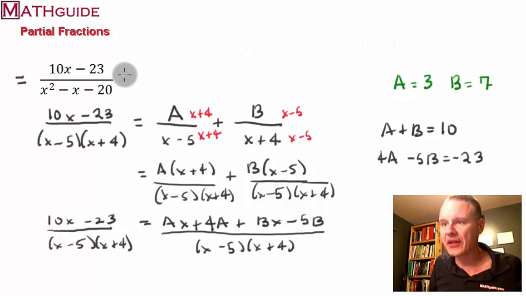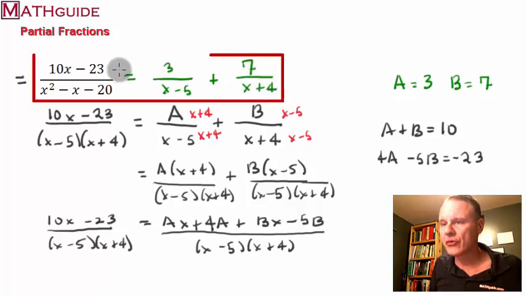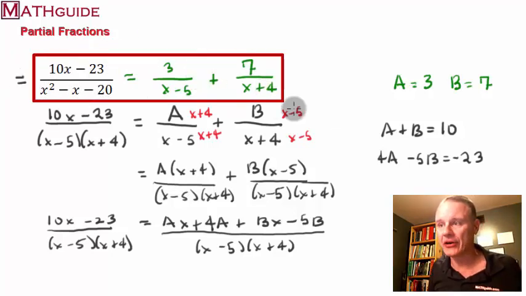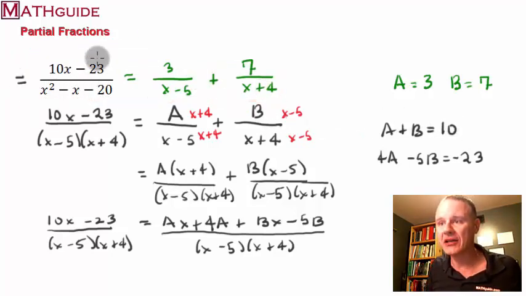So I'd say, here's the original problem, and I'm now going to write the answer. So A is 3 over x minus 5, and B is 7 over x plus 4. So you always want to write the original problem and the answer together because it's the combined problem and answer that goes together.